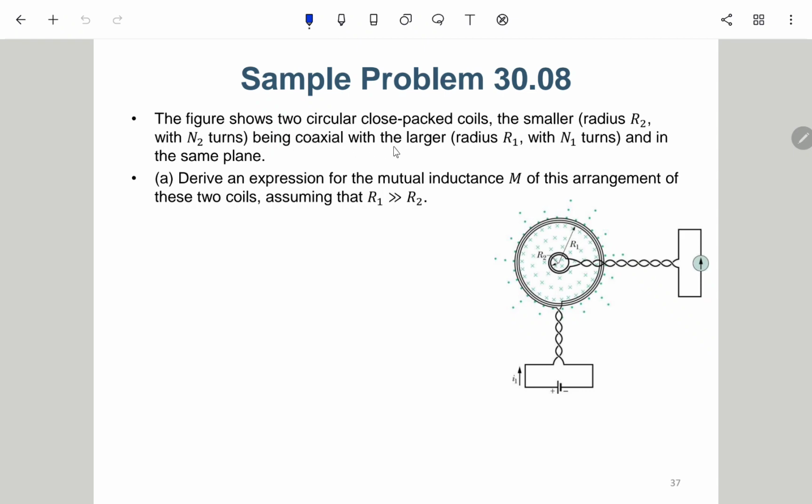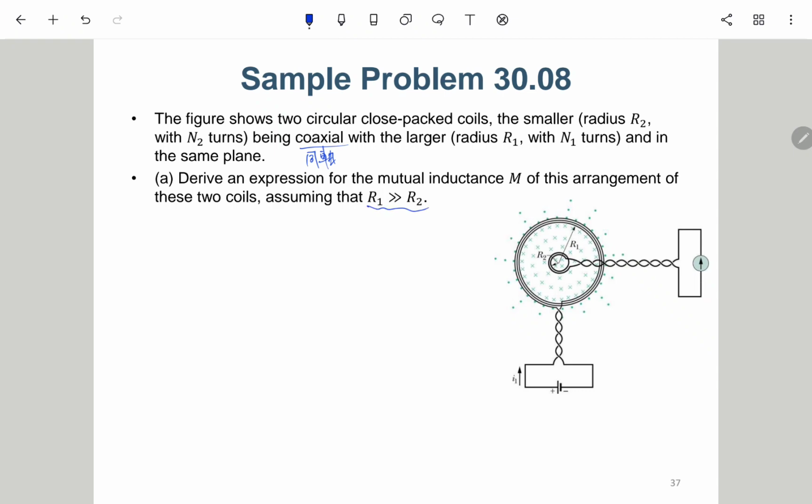Coaxial means they share the same axis, as mentioned before, since both are cylinders and so have axes. For question A, derive an expression for the mutual inductance M of these two coils, assuming that R1 is much larger than R2.